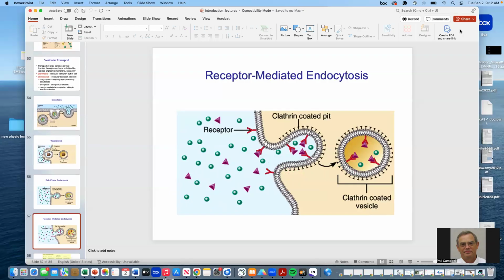The next one is receptor-mediated endocytosis. This is endocytosis, but it is specific because it's associated with membrane ligand interactions. So in this particular example, there are receptors, and these are proteins. Remember, I talked about that. They then will be docking up with other proteins because these molecules that form the little triangles have to be hydrophilic. That means they can't pass through here, so the only way they can communicate is binding to these surface receptors.